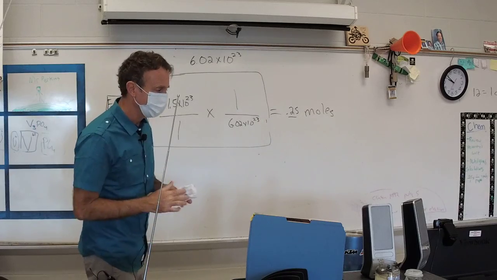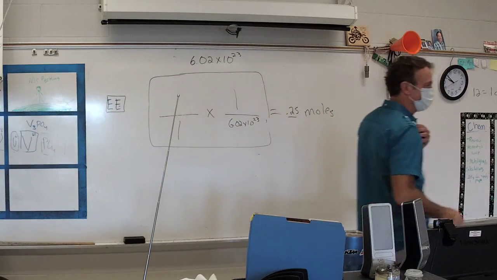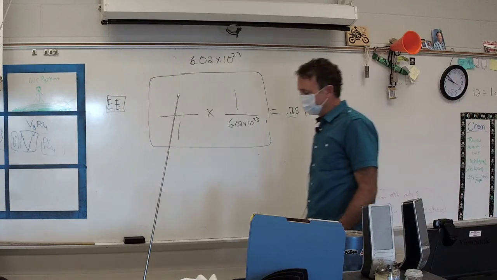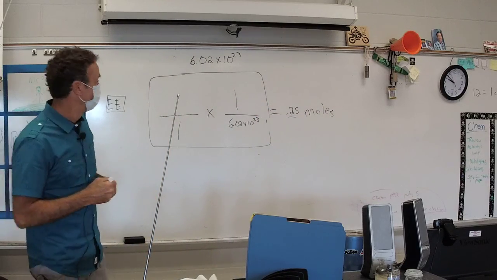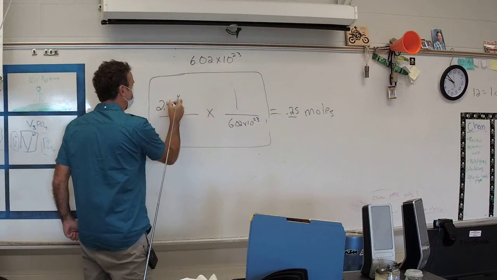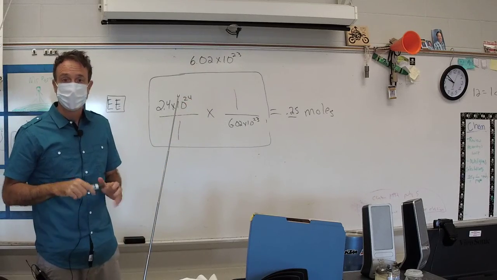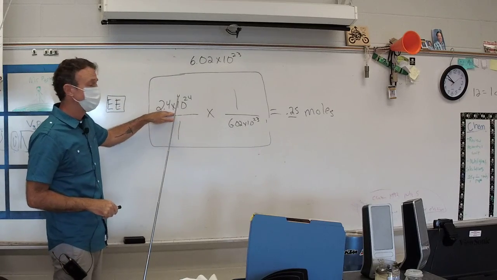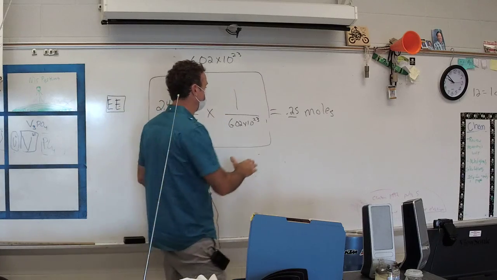Let's try another one. What if I gave you a problem that said you have 2.4 times 10 to the 24th atoms of aluminum. How many moles of aluminum would you have? You would say 2.4 times 10 to the 24th times 1 over 6.02 times 10 to the 23rd.